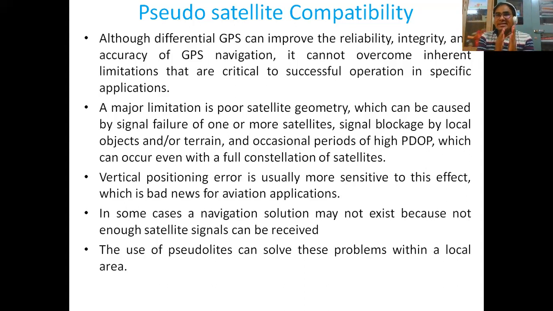So a receiver must have a capability to reject the pseudo satellite signal. So this will be decided by the good satellite geometry. And of course, this is called the dilution of precision.